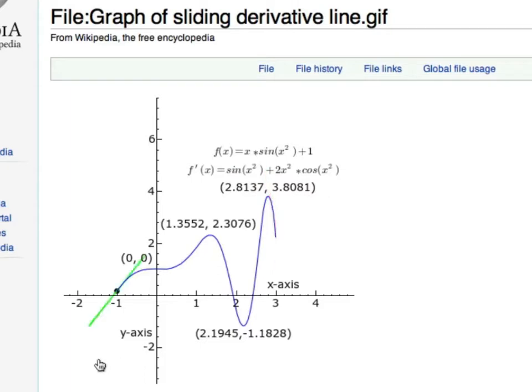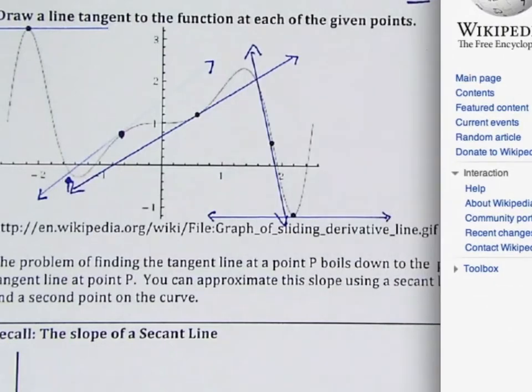Now as we watch this again, notice the green here means the slope is positive. And when it goes to black, the slope is actually 0. Red is going to have a negative slope. Switches to black and then to green. Okay, so those are tangent lines at a point.